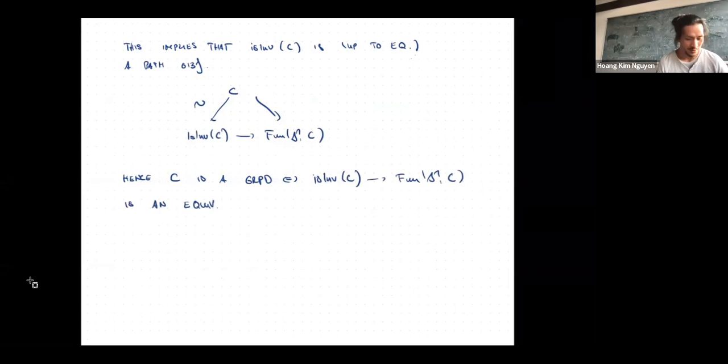So in other words, if and only if maps have inverses, and this should relate basically these two notions of groupoids that we have.